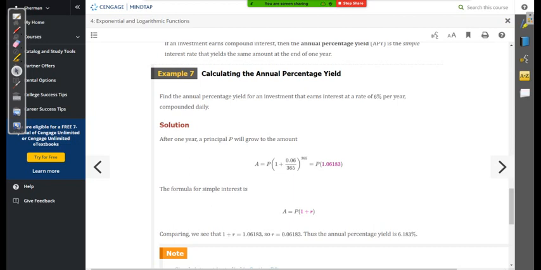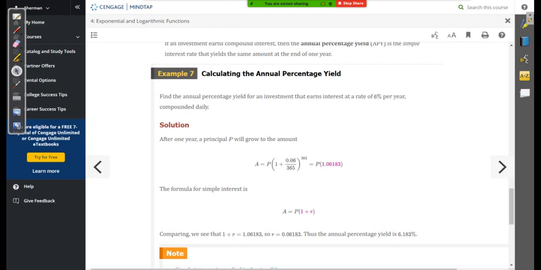We are not given any sort of principal. All we're trying to figure out is the annual percentage yield, which would be everything in the parentheses, everything beside the P. And again, that would be 1.06183, which is 6%. Of course, the formula for simple interest, and this formula here, guys, I don't teach statistics, but in my humble and non-statistic person mind, is the most important formula you're going to have, because it's a formula I use quite often in my finances.